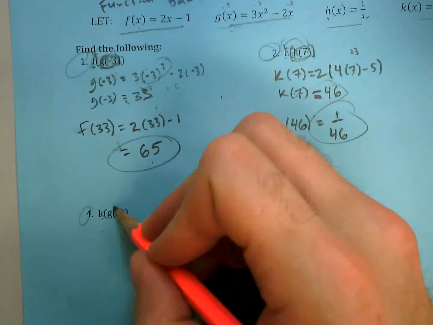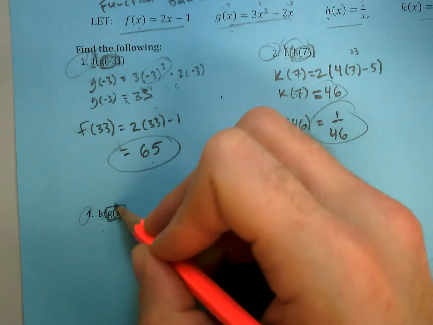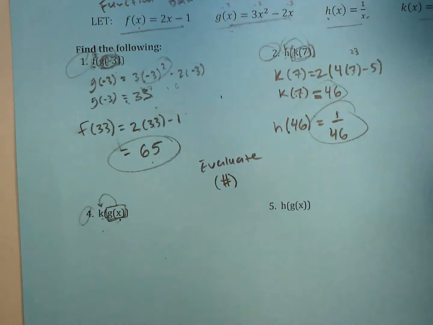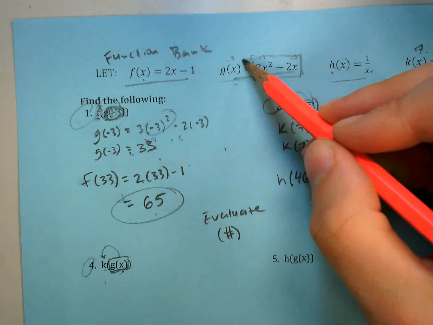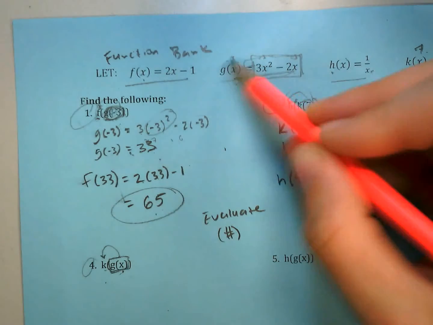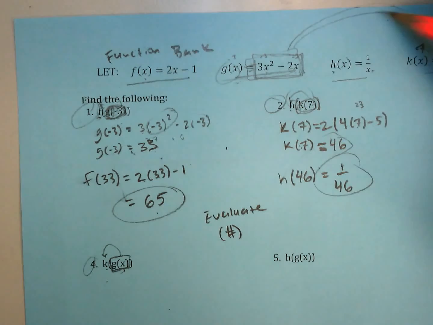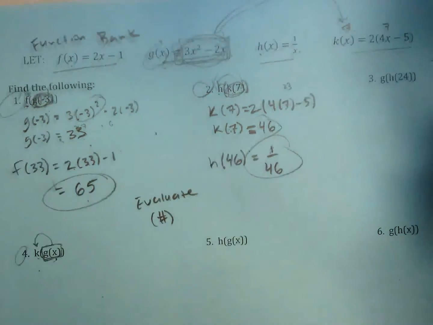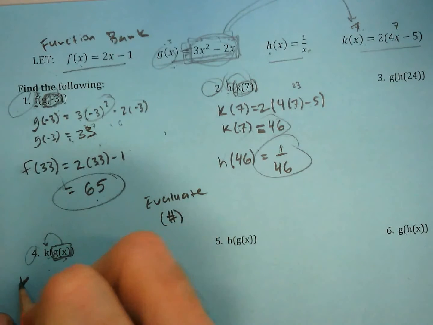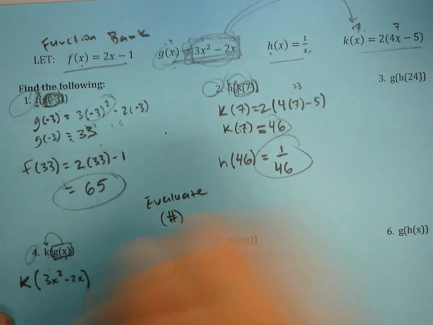Well, look, you're going to take this whole g of x and plug that into the k function. So go up here. Here's g of x. It's this stuff, right? It's equal to g of x. We're going to plug that stuff into the k function, wherever we see an x. All of this is going in there. So one way we could write it is k of 3x squared minus 2x.